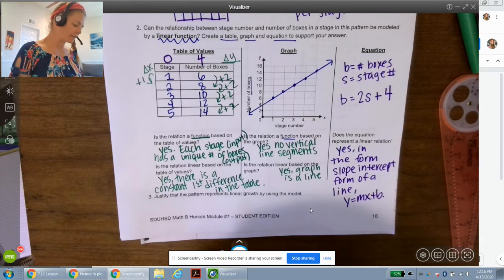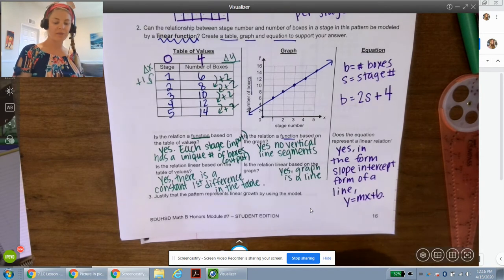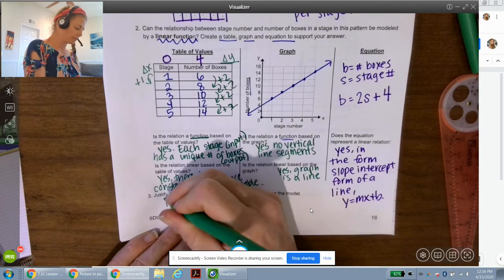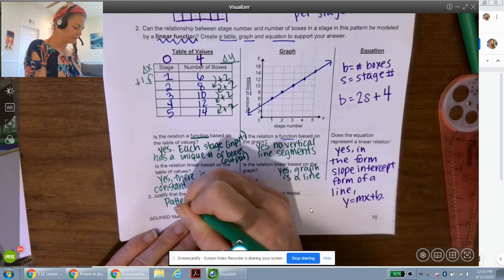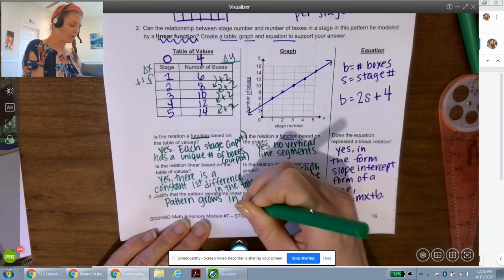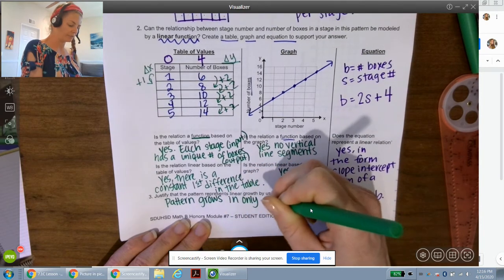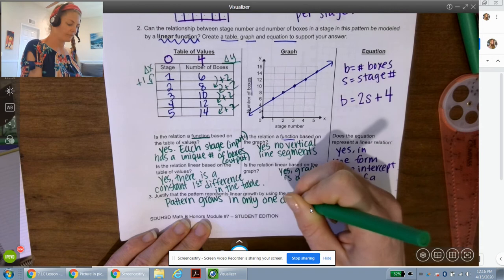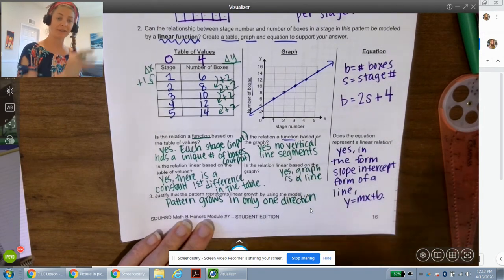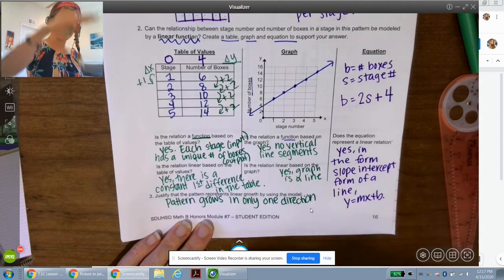Justify that the pattern represents linear growth by using the model. So using the model, we can say that this is linear growth. Pattern grows in only one direction. Remember, linear means one dimension, just length, or just height.